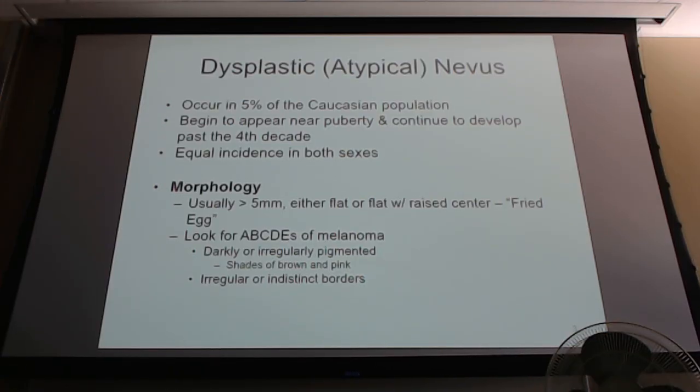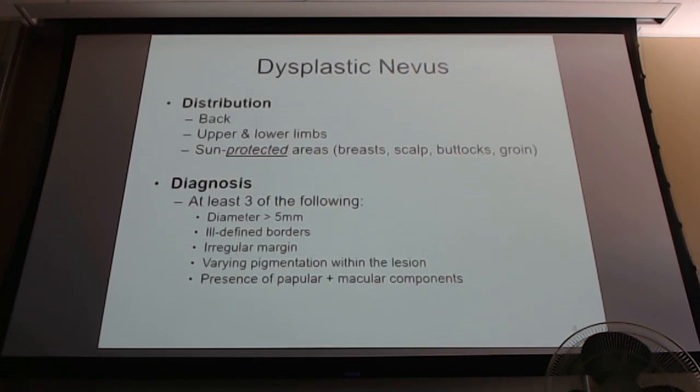Of course, A, B, C, D, E. We're going to go through that numerous times because that A, B, C, D, E is that specific aspect. Yes, of course, we've got irregular, indistinct borders. We've got some of that darkly or irregular pigmentation. So that's what makes us think and look and consider if we are having some type of a melanoma.